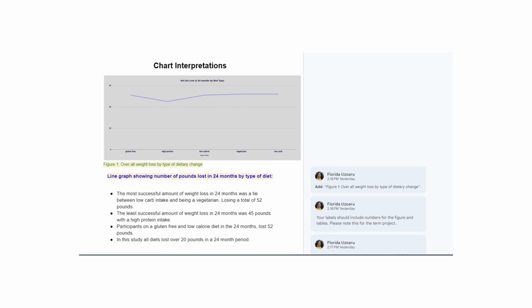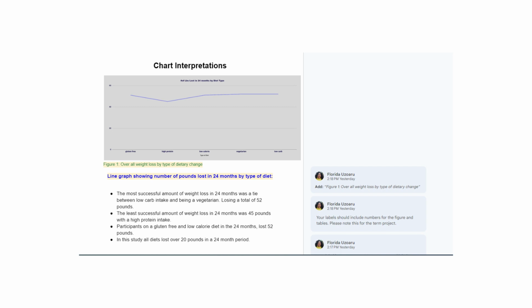And I made a suggested change that says figure one, overall weight loss by type of dietary change. Just to explain to you, this is what your labeling should have looked like versus the other one. So always remember, the label for your charts go underneath the graph and are meant to be numbered, like figure one, figure two, and figure three.